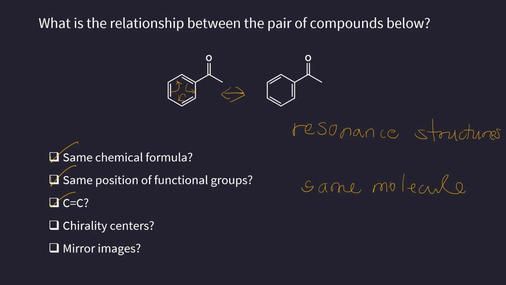This is true for any pair of resonance structures. They are just representations of the same molecule. And you can also see that the double bonds aren't actually changing in their configuration in space. They're always in the cis configuration. So there's no geometric isomerism occurring in this molecule.